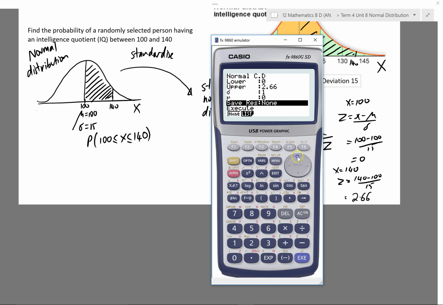So we could say, well, my lower is 100, my upper is 140, my standard deviation is 15, and my mean is 100. And I'll get that same 0.496.